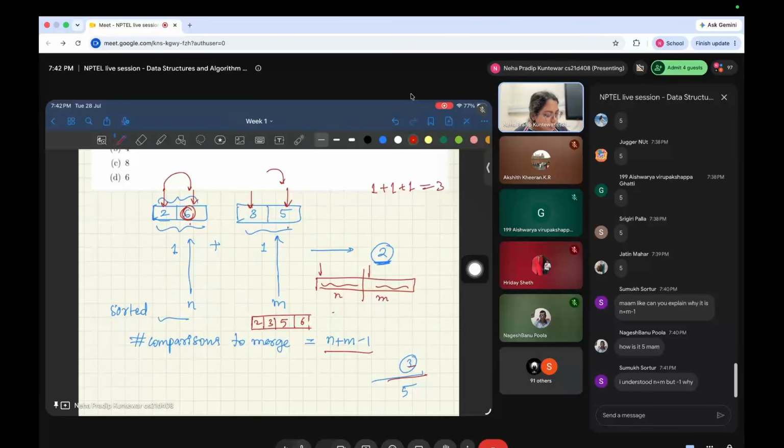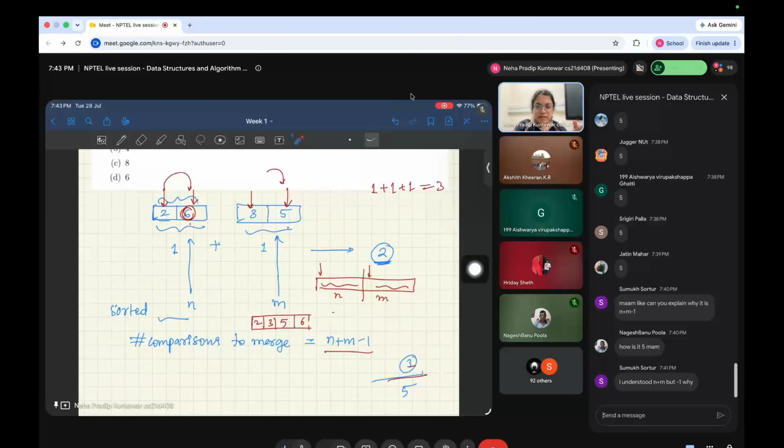What you were doing is linearly going, and at every point you are moving one of the pointers. When you compared 2 and 3 and got your answer, you moved this pointer to the next step. When you compared 6 and 3 and got your answer as 3, you moved this pointer to the next step. So every time you make a comparison, you are making progress by 1, right?